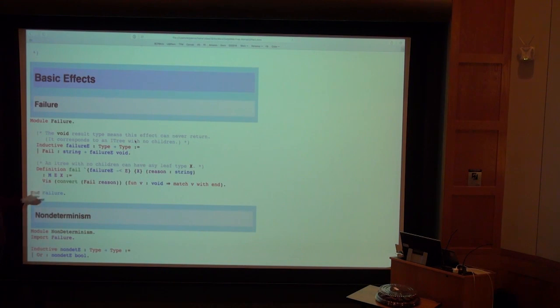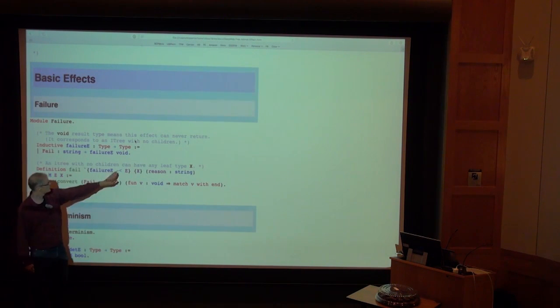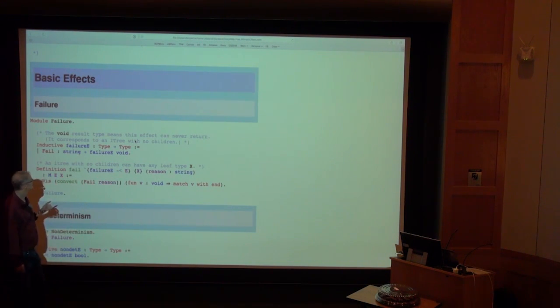So it constructs a Vis node with a Fail node inside it. And here's the tricky part. It uses this function convert, which changes the type of events from just failure E to any event type E that has a failure in it. And now that's something I have to explain.